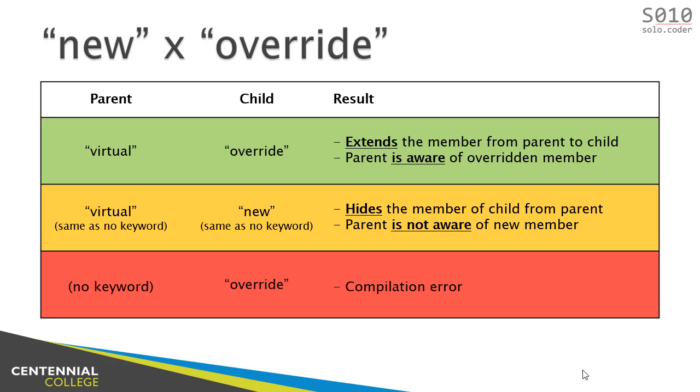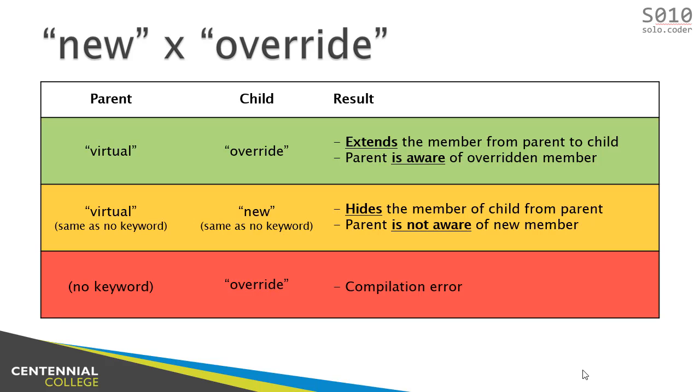Description-wise, you can use this as a reference point, but again, new is like the children saying, I don't care what you did up there, I'm going to do my own thing here. Override is that, okay, I get it. You are authorizing me to redefine you. I still want to keep the link between us, so I'm going to just override it. So I'm just trying to easily translate what they mean.